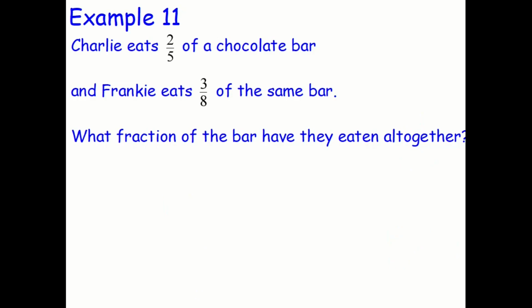Okay, some worded questions now. Charlie eats 2/5 of a chocolate bar and Frankie eats 3/8 of the same bar. What fraction of the bar have they eaten altogether? Usually, if that word crops up in a question, it usually means add those fractions. So 2/5 plus 3/8. What do we do?